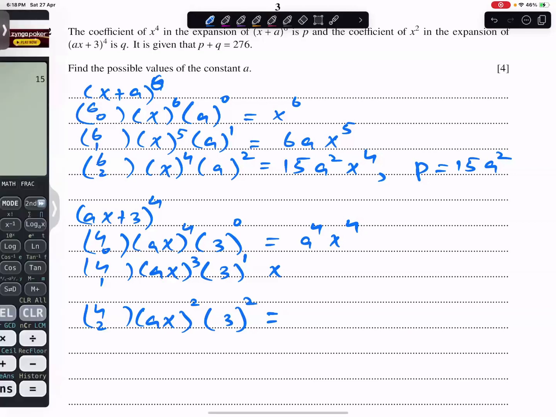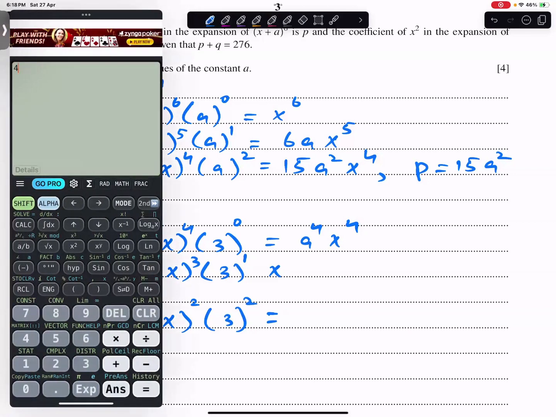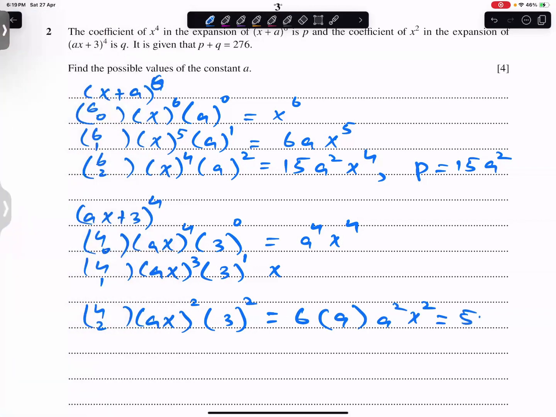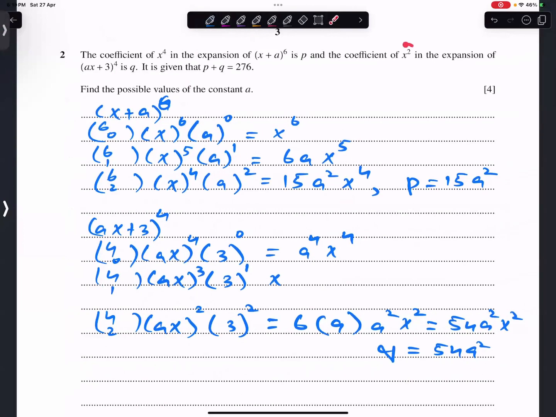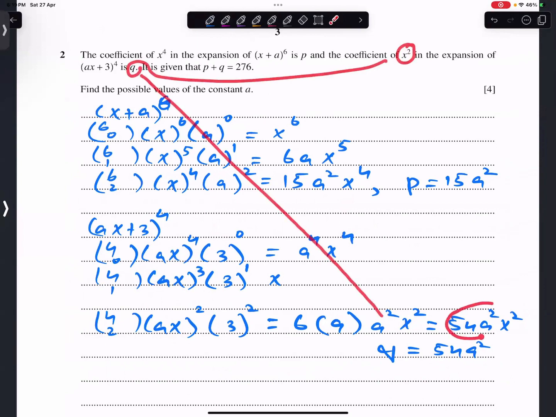So 4c2 is 6, 3 raised to power 2 is 9, and a square x square. So this is 54 a square x square. So that means q is 54 a square, because the coefficient of x square is q.